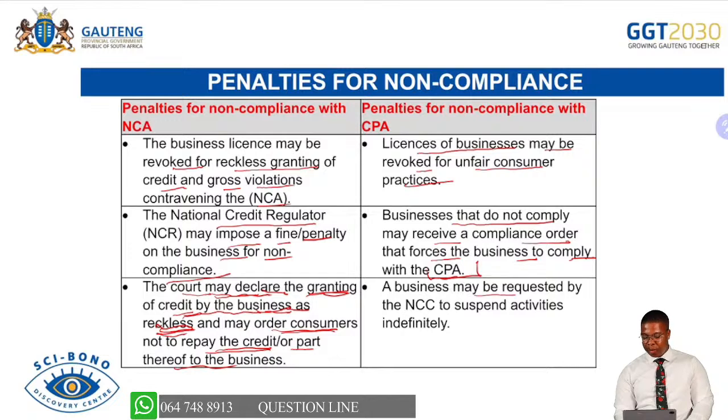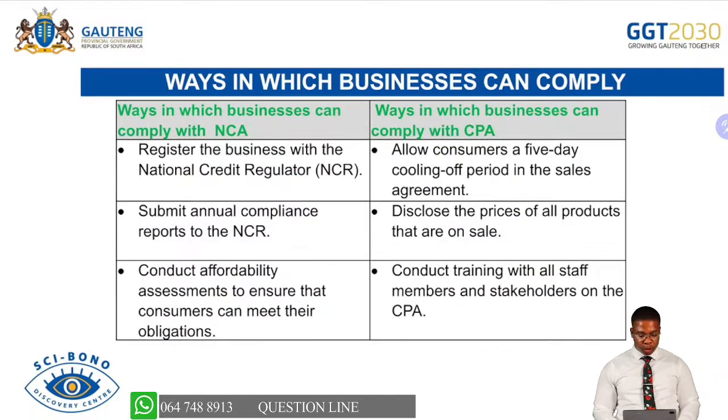Then a business may be requested by the National Credit Commissioner to suspend activities indefinitely. So this can mean the business will be ordered to stop.